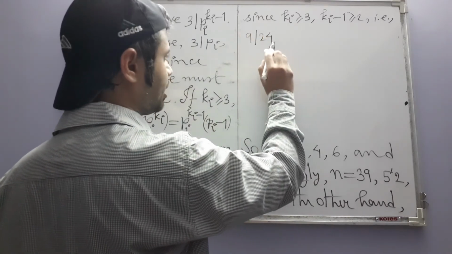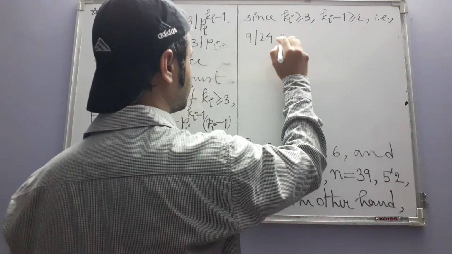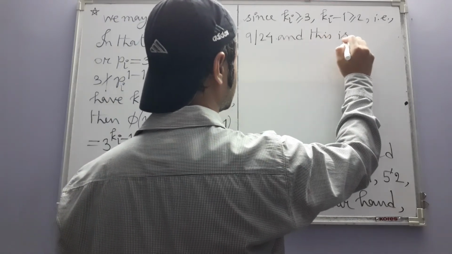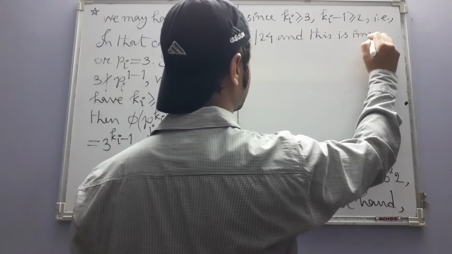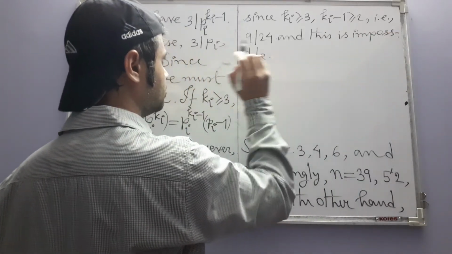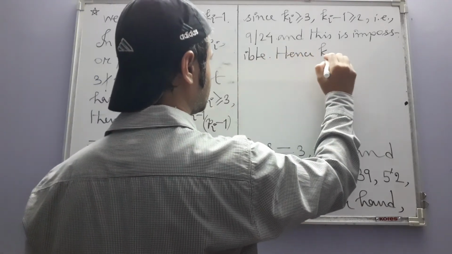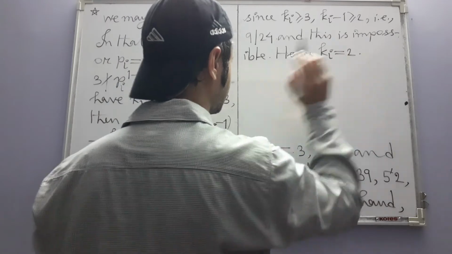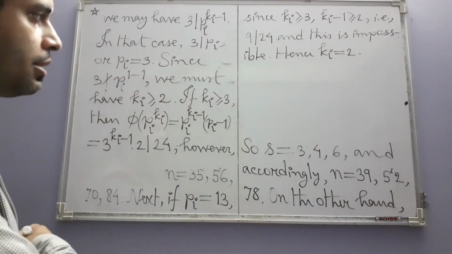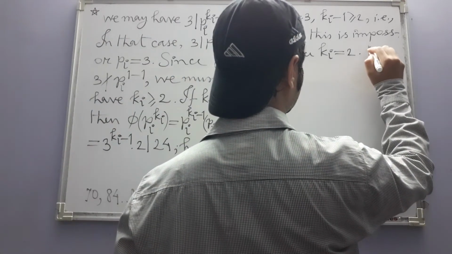So we are just simply writing the final conclusion. And this is impossible. Hence, ki must be equal to 2. It cannot be greater than 2, that is, it cannot be greater than or equal to 3.